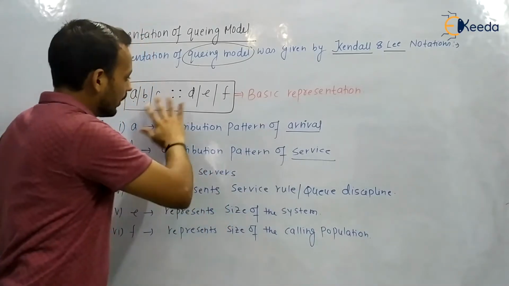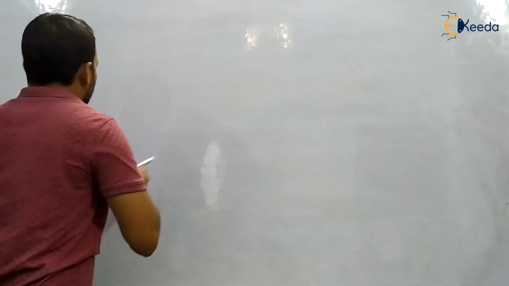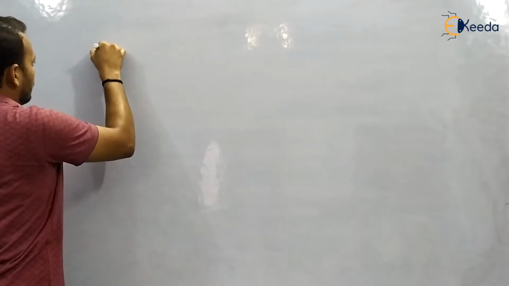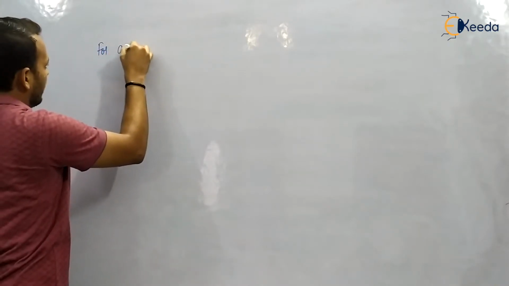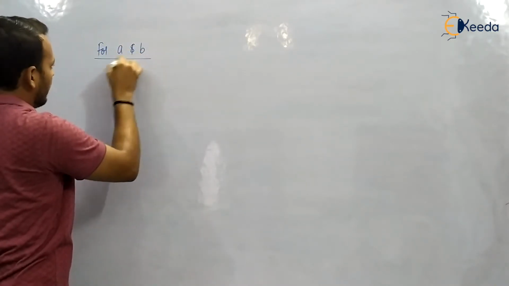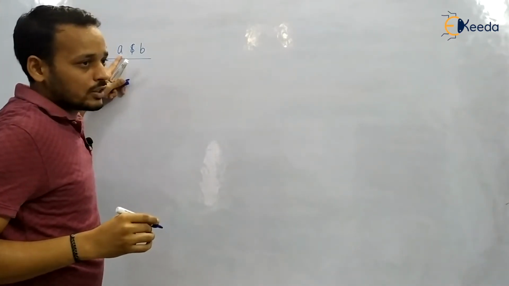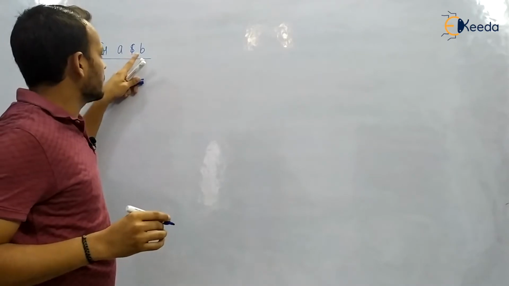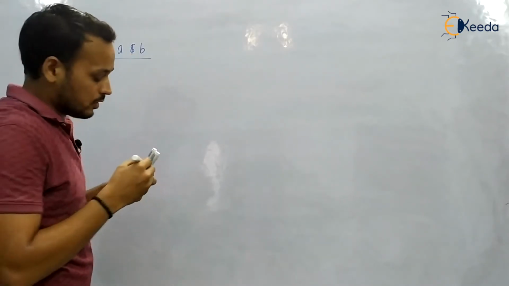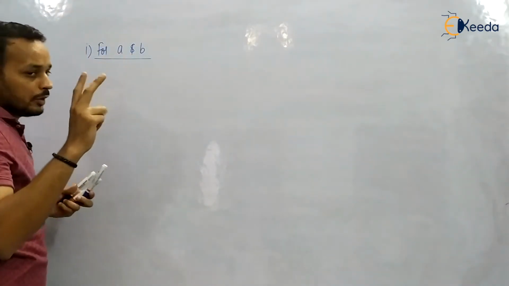So what can be those possibilities? For A and B, A was representing the distribution pattern of arrival and B was representing the distribution pattern of service. So for A and B, there can be two possibilities.